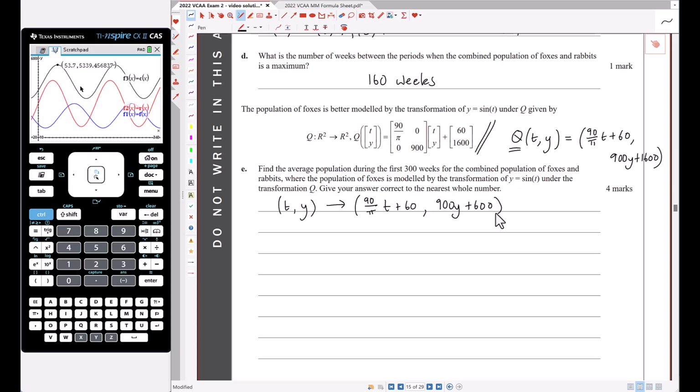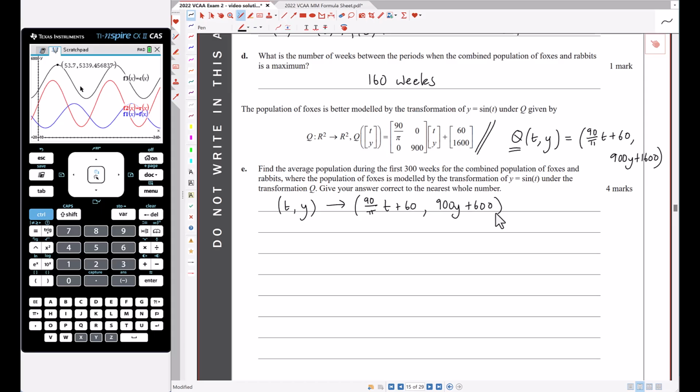Or the transformations might be given in a written format, where you might be told that the graph of y equals sine of t is dilated by a factor of 90 on pi from the y-axis and translated to the right by 60, and dilated by a factor of 900 from the x-axis and translated up by 600, or some variation of that. You should then still be able to do this question, however you've been given those transformations. This is just a notation for giving you a sequence of transformations.